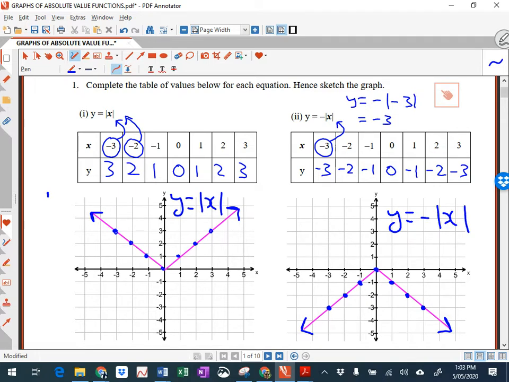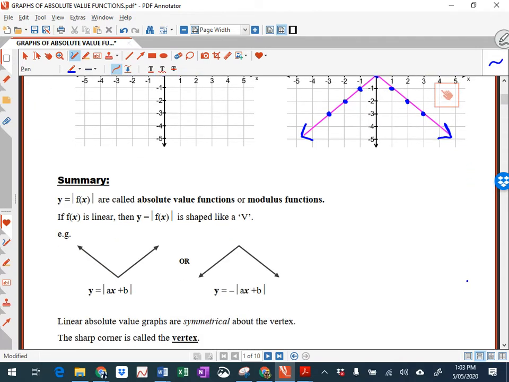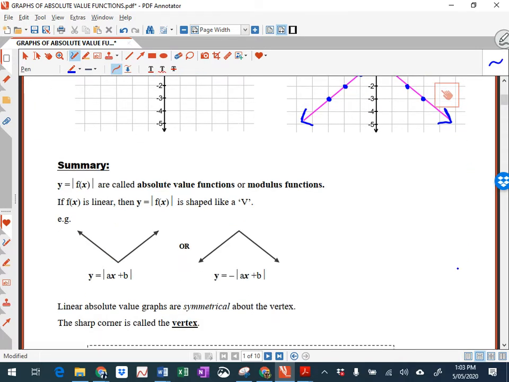Now, you notice they're in a V shape. One is pointing up and one is pointing down. The minus sign makes the second graph point down. Okay, so what can we conclude then? We can conclude that we get a V shape.